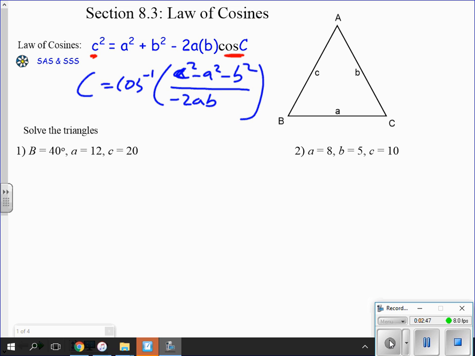So if you have the three sides, you can find an angle measurement. Okay? So that's how the law of cosines works.